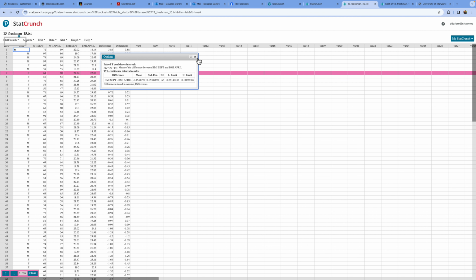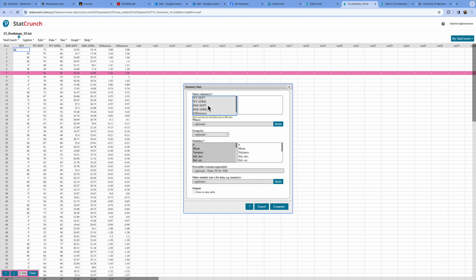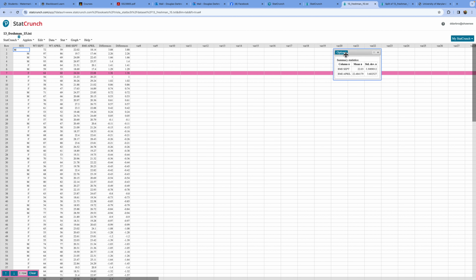Now, something we can do that might help give you a little visual there. Let's go to summary stats column. Let's dive into some descriptives. And I'd like to look at the mean, and I'd like to look at the standard deviation. So you can see my mean for April is a little bit higher than the mean for September.